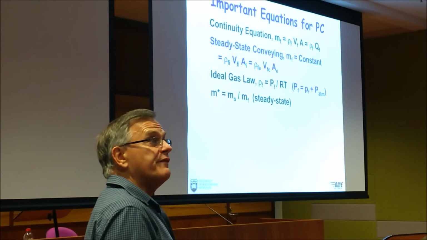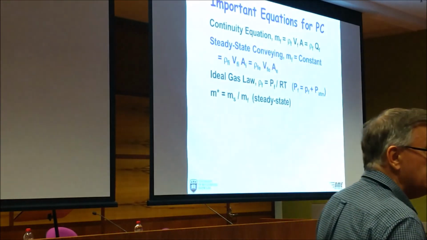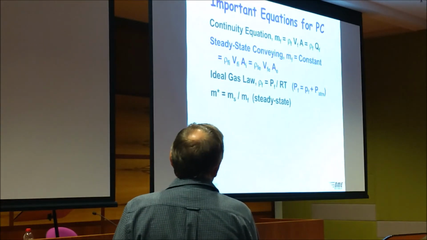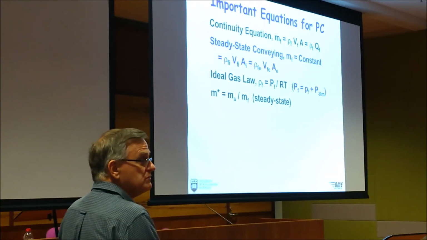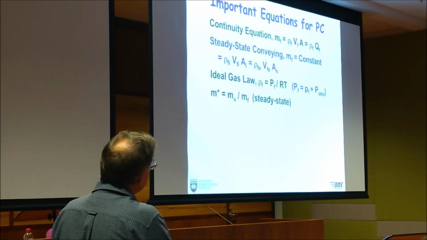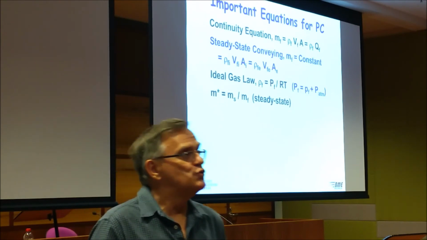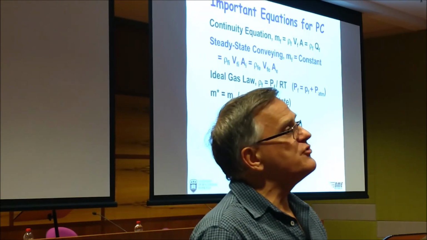Now, for pneumatic conveying, we convey kilograms of product per kilogram of air or gas. We call that M star. So M star is non-dimensional, and it's M_S, kilograms per second of solids, divided by the kilograms per second of air used. So it's a measure of transport efficiency.